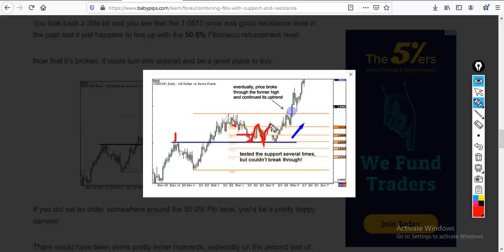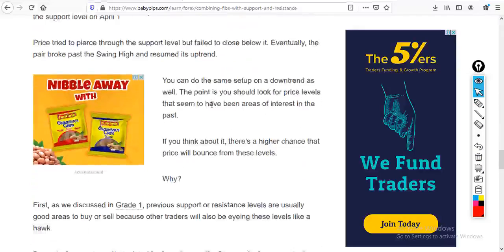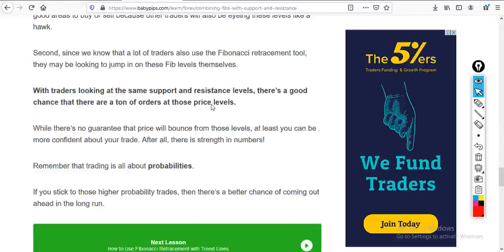If price comes back down again to test it, you can add all this together as strong confirmation to say, okay, I have a strong chance of winning this trade if I take it, because price is unable to break this level. And if you place a trade here, guess what happened? You would have been in profit, because price bounced off this resistance to support and the 50% retracement level. So that is basically how we can combine support and resistance with our Fibonacci retracement levels.